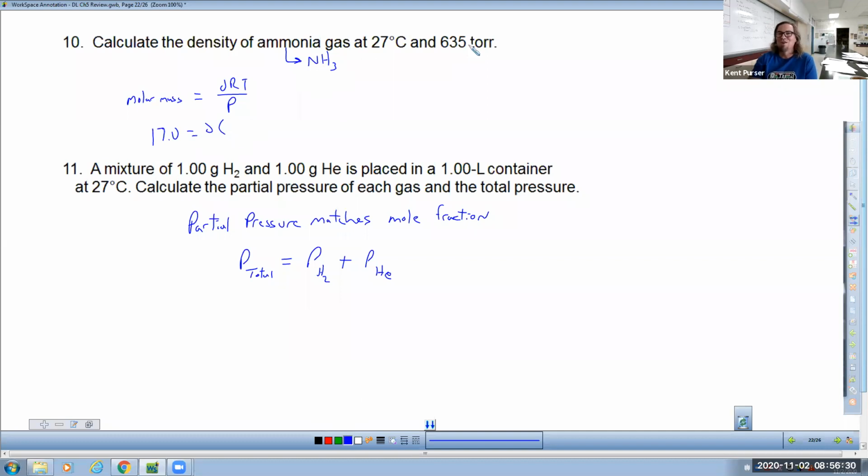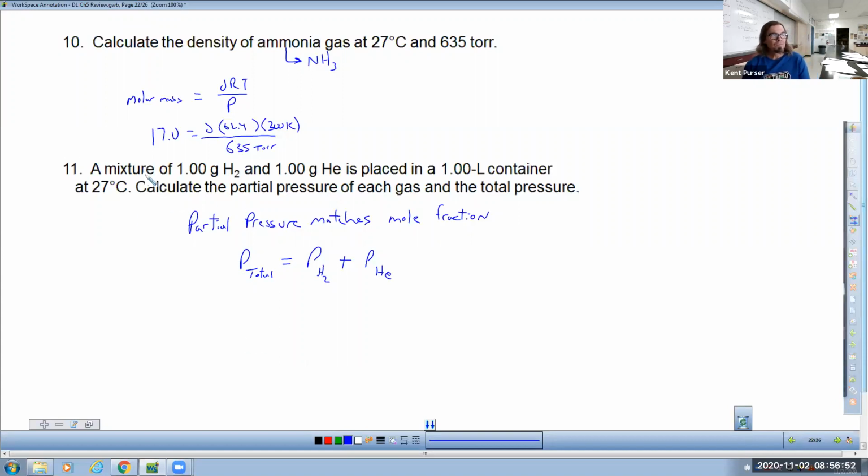Since they gave us torr, sorry, I had a brain fade there. What was I going to use for the ideal gas law constant? 300 Kelvin and pressure of 635. Because they gave me torr, I'm going to use the 62.4 number, and then I'll solve that and it will give me the density. I don't have an answer slide, so I have to move on.